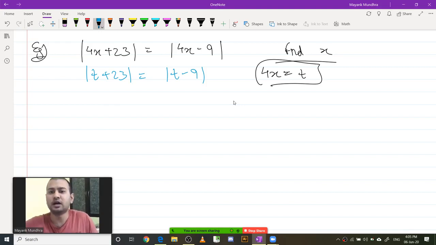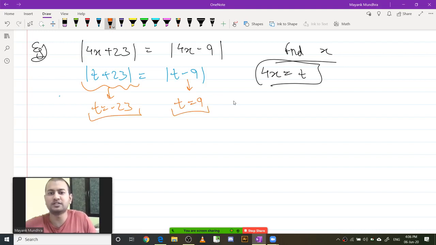After that, I'll make certain assumptions. Remember that this thing changes its sign at t equals minus 23, and this thing changes its sign at t equals 9. So I have two critical values, minus 23 and 9.